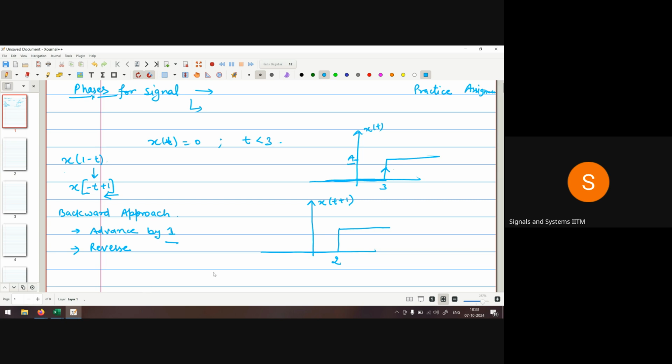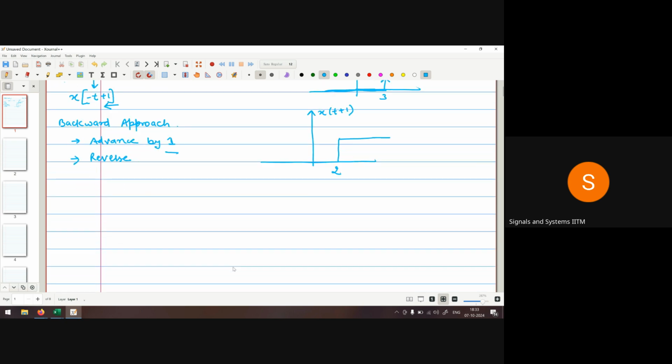Now after that my signal will be reversed. When I reverse my signal, it will be like that, x of minus t plus 1.